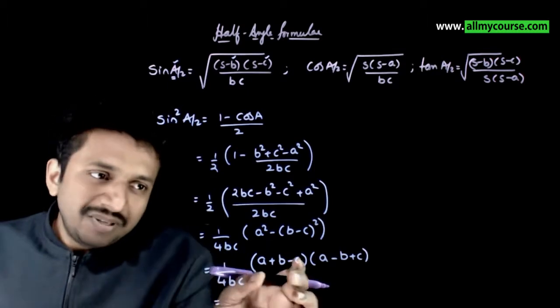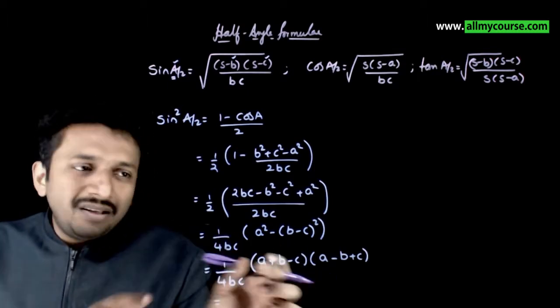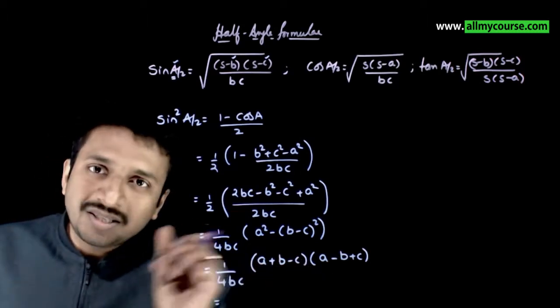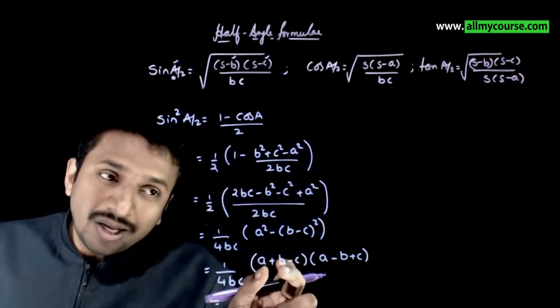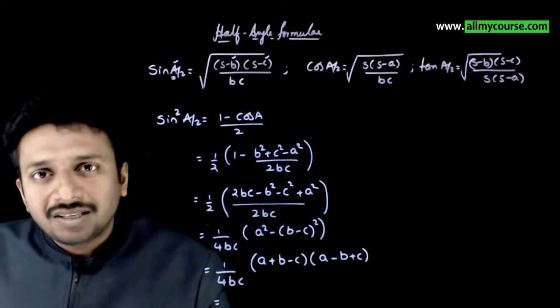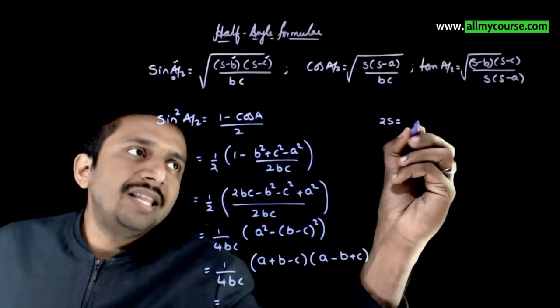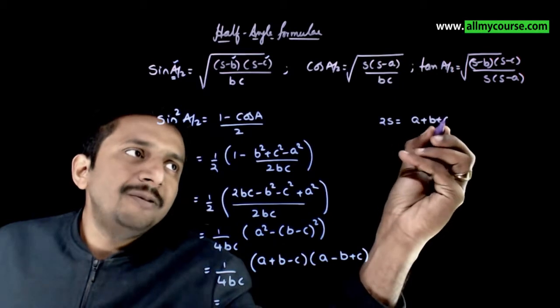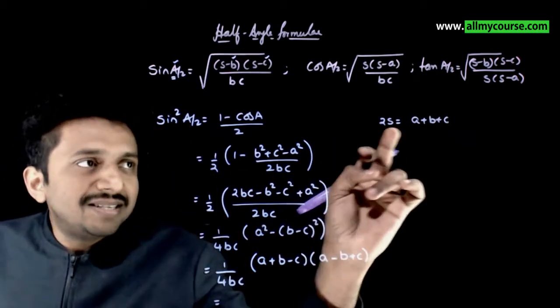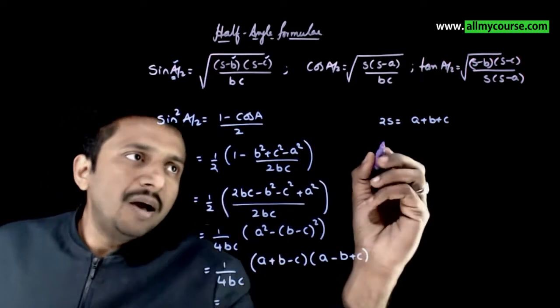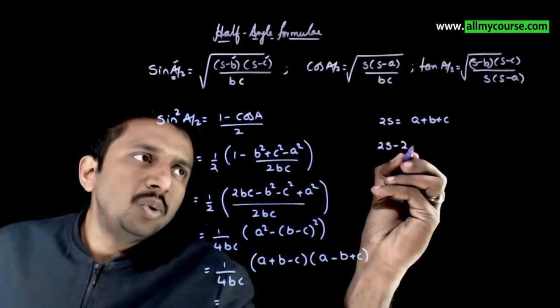So what are these terms? These are very familiar terms in properties of triangles. There are two terms which are adding and one term which is getting subtracted. We know that 2S is nothing but A plus B plus C, because S is (A plus B plus C) by 2. Now what is 2S minus 2A?